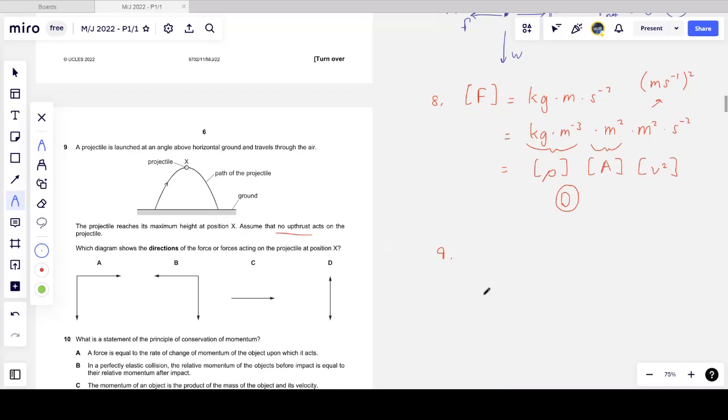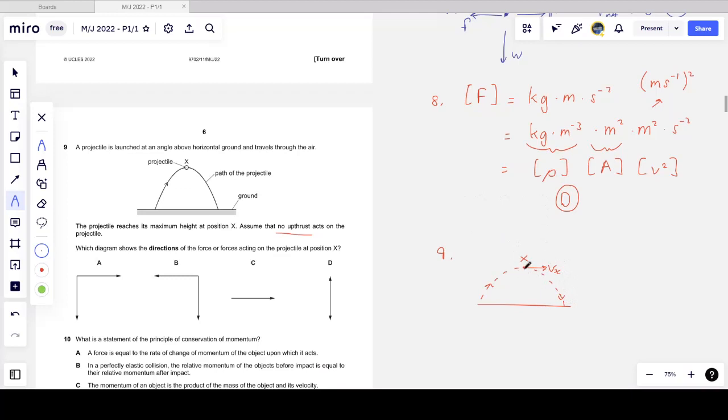And so if I were to plot its path, so up goes the projectile, then at a position X, it reaches its maximum height. At this point, it has a velocity that's to the right, Vx, and then the particle comes back down.